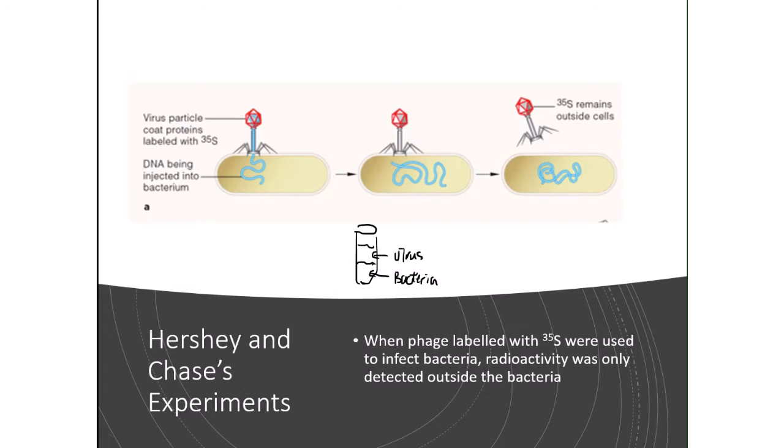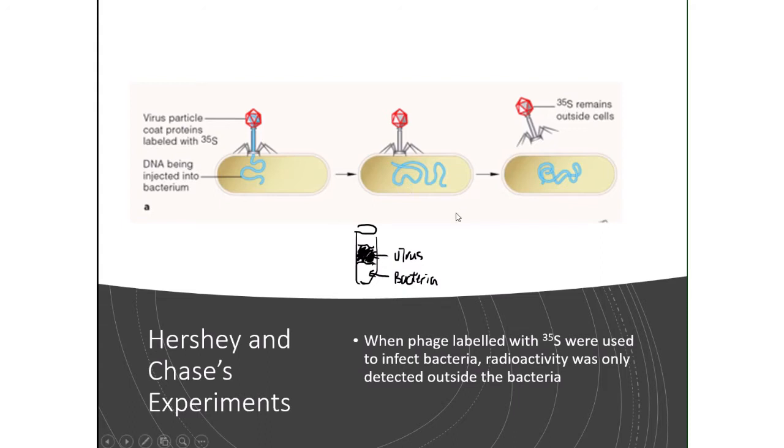Then they would try to detect the radiation, to see where it is coming from. In the case of the sulfur 35 labeled bacteriophage, they detected the radiation in the virus component. That suggested to them that the protein part of the virus remained outside. It didn't go into the bacteria.